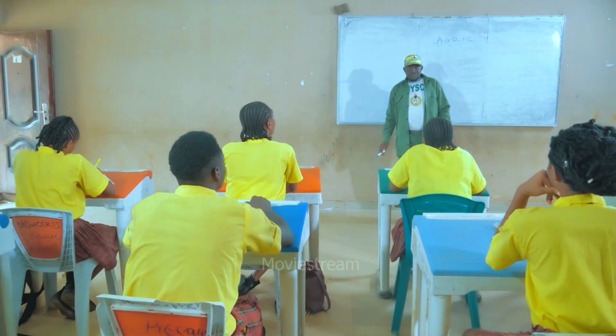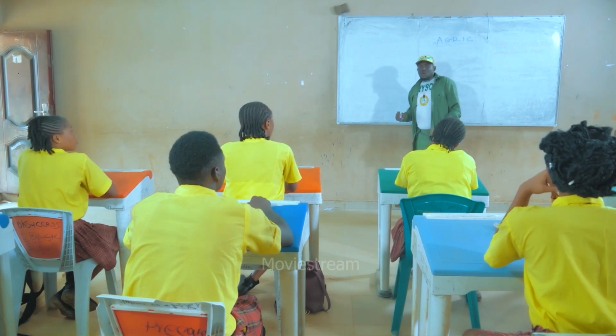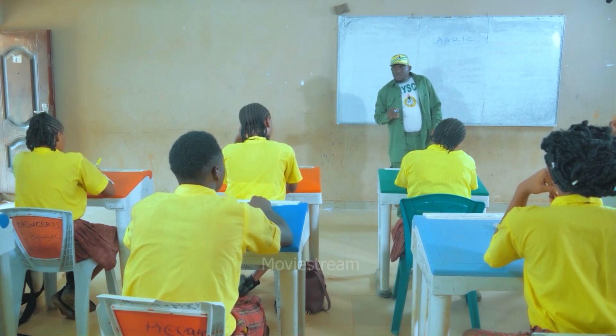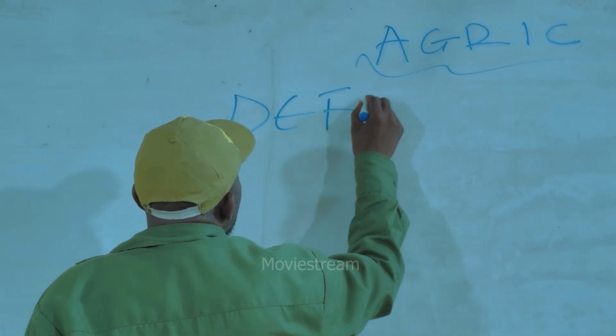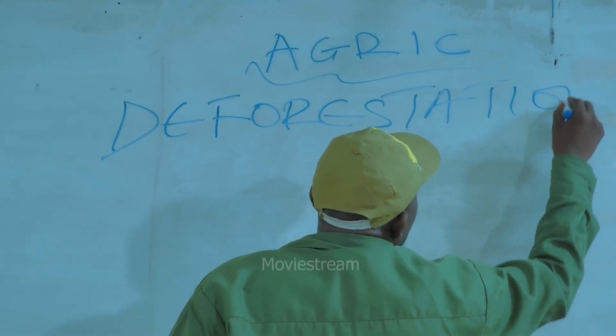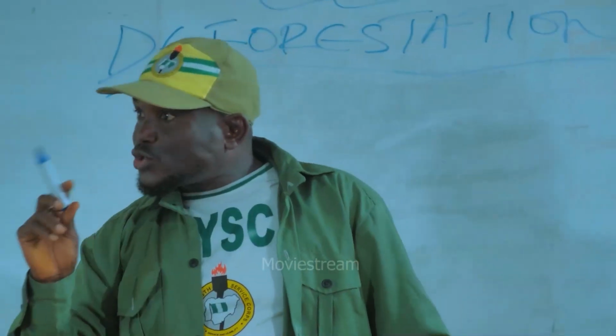Agricultural science. In a short time, I'm going to treat deforestation. I want to give you the definition of deforestation, and then because of time, I'm going to give you one or two importance of it.